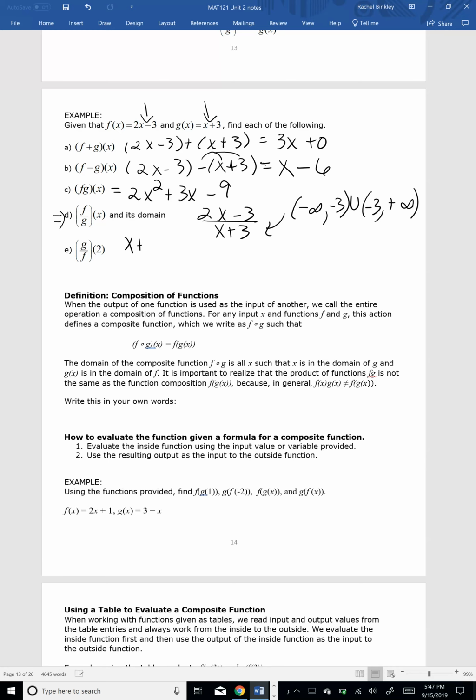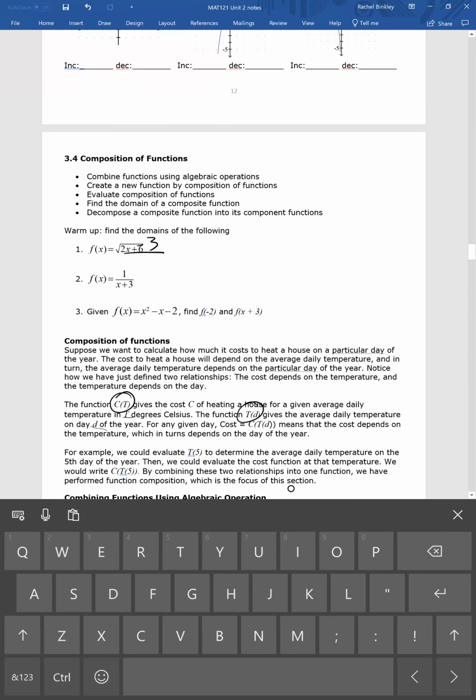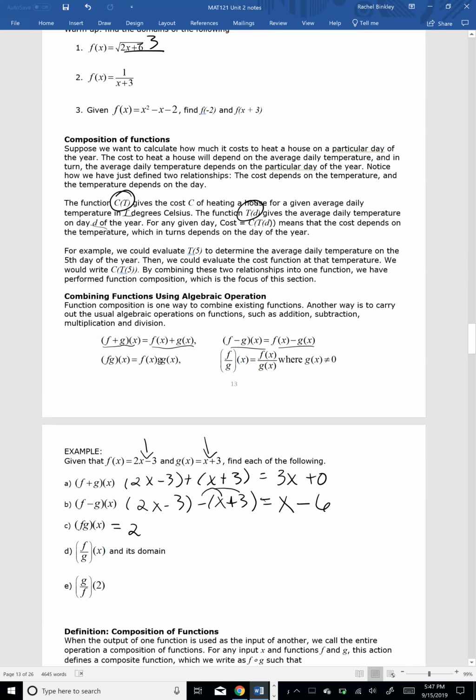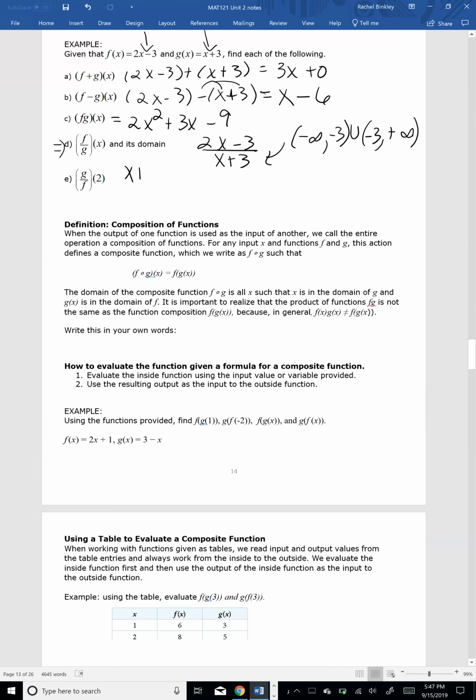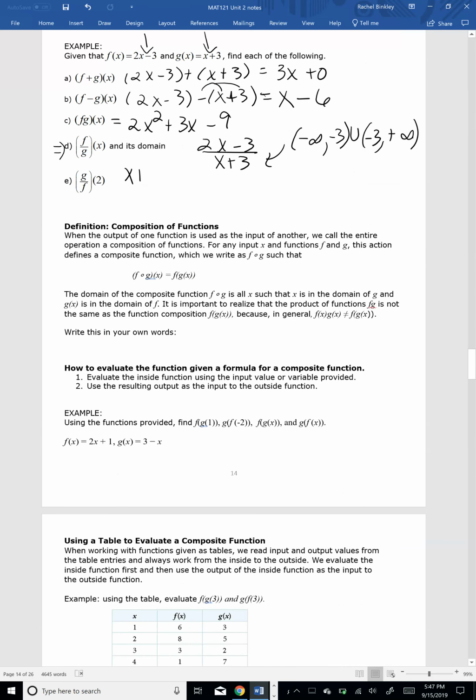So instead of negative 3 being our missing link, as it were, we're going to have to solve that denominator for 0.